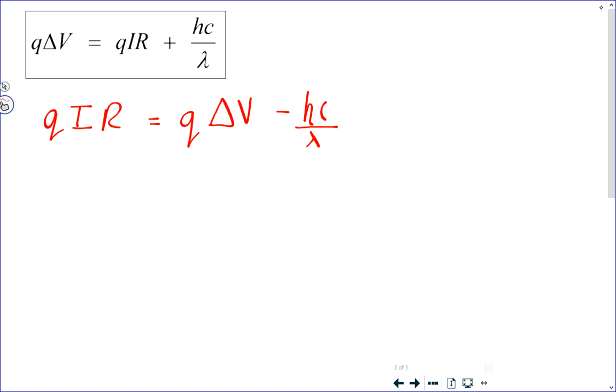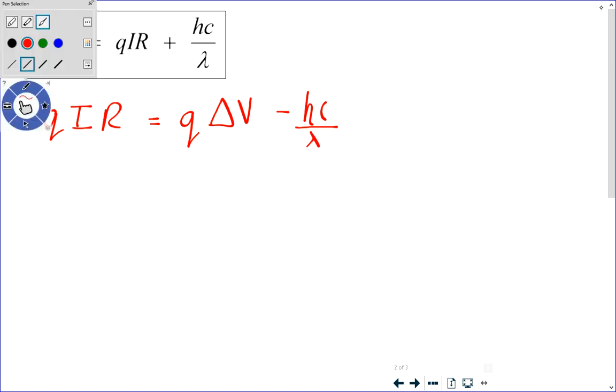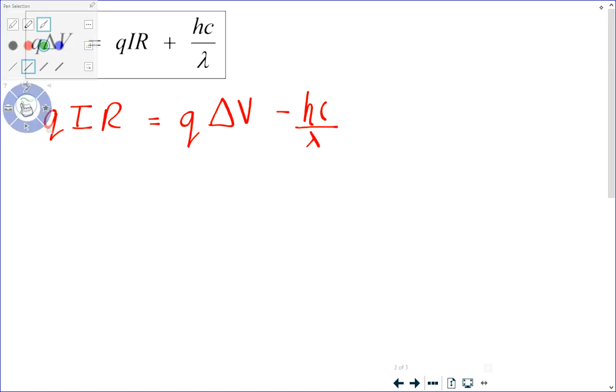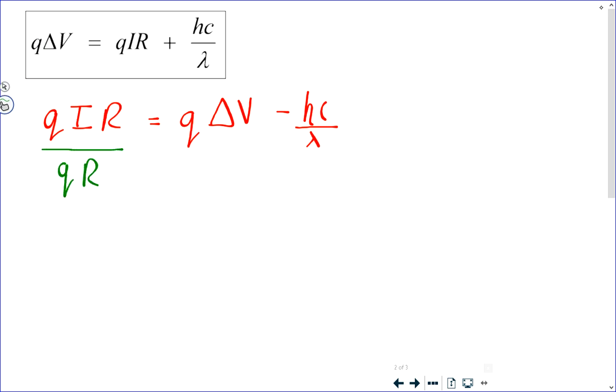Then I'm going to have to divide every term by QR. So I'm going to divide this term by QR. That will leave me with I on the left side. But if I divide that term by QR, I need to divide every term by QR.